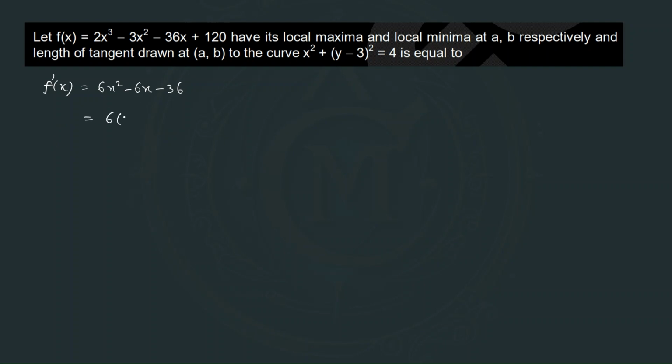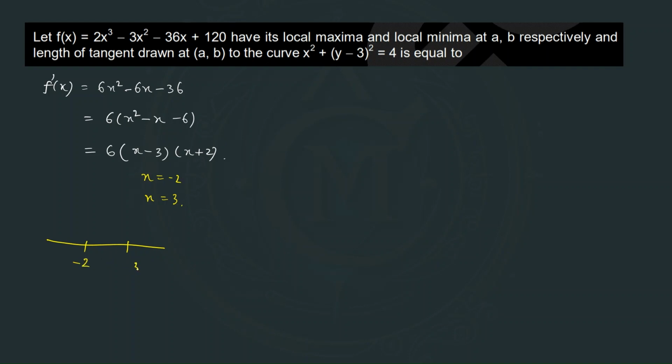So it can be written as 6 times (x square minus x minus 6), so 6 times (x minus 3) times (x plus 2). So we can easily evaluate the critical points of this function, which are x equal to minus 2 and x equal to 3.